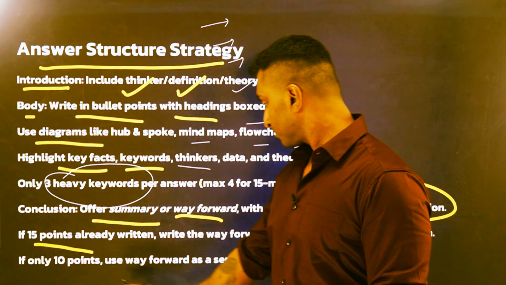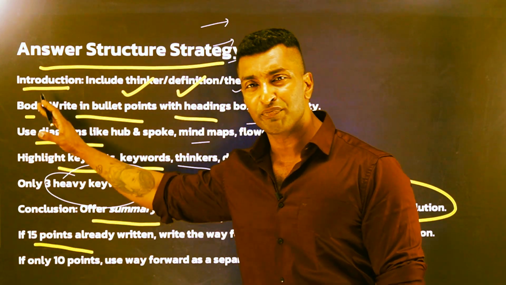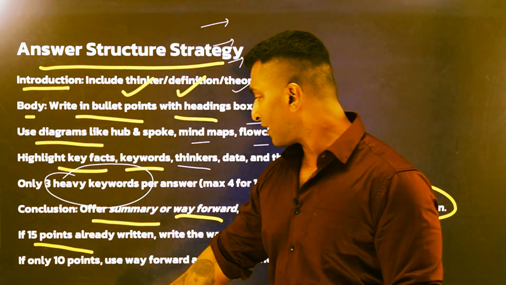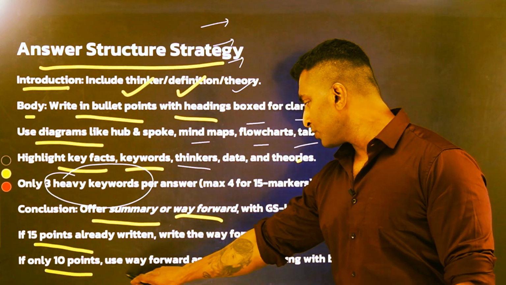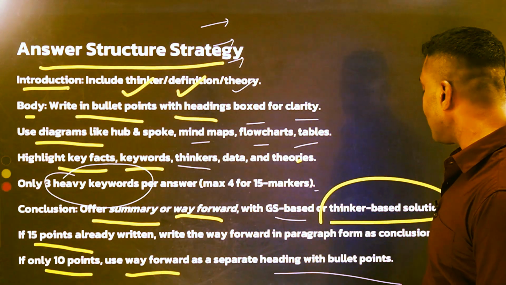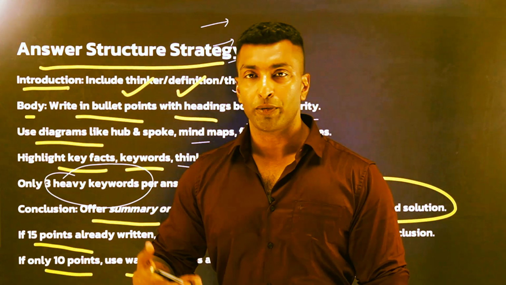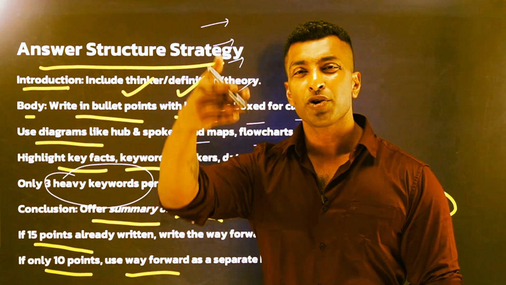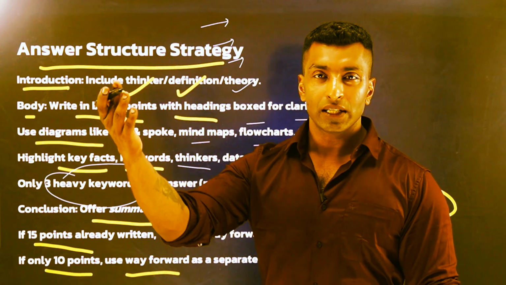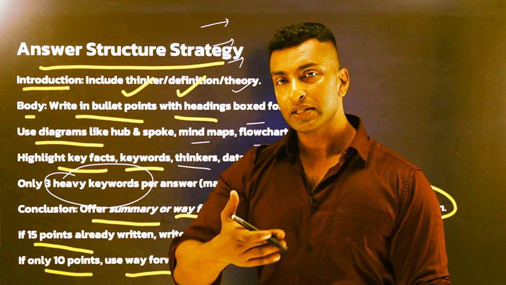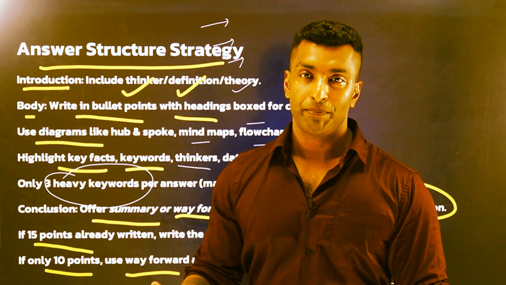So that again depends, so many points are there, towards the end you can write in paragraph. If it is only 10 points or less than that, then you can use way forward as a separate heading, and write another set of bullet points. So the point is, it should not be completely filled up with only bullet points. Intro maybe with a theory or something, and then bullet points, and towards the end the conclusion should be in paragraph.